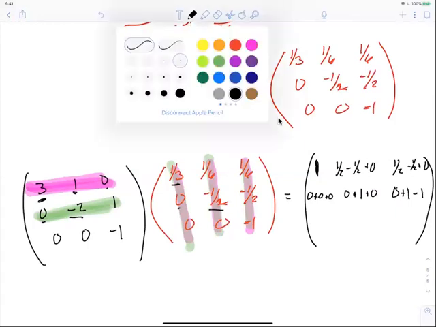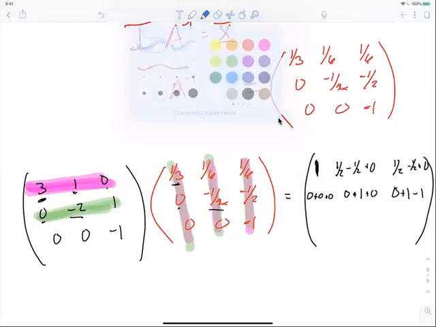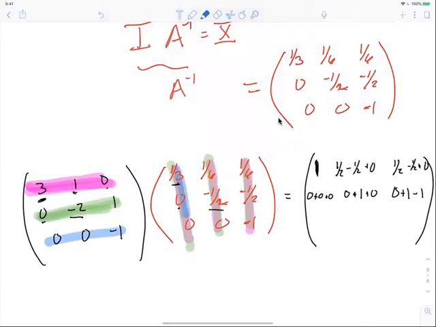And then finally, we have the last column in each of these. So here we have 0 plus 0 plus 0. So notice the last 0 comes from the fact that there's a 0 on the right. The next one, the same thing is going to happen.